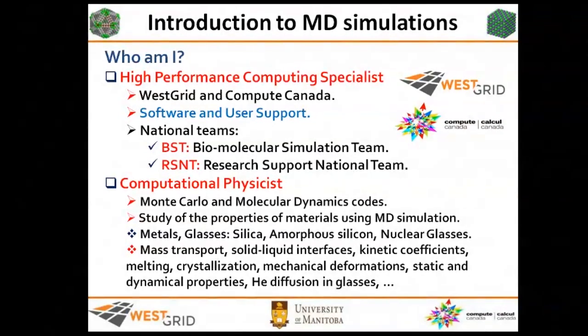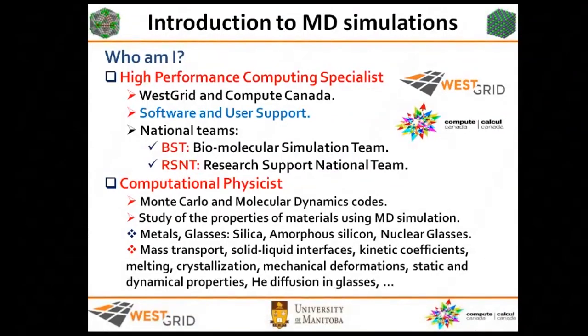Before joining Westgrid, I did some work on simulations. I developed some Monte Carlo codes and molecular dynamics. In the next slides, I will present some examples from my previous simulations using the code I developed in Fortran to study solid liquid interfaces in aluminum nickel.